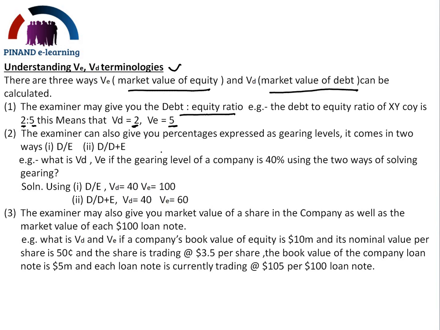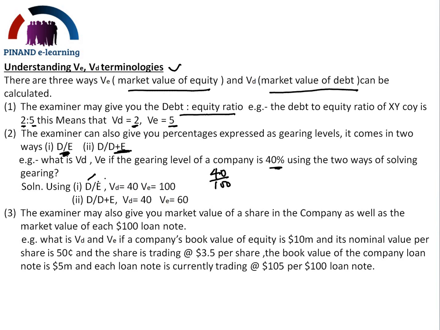Number 2, the examiner can also give you percentages expressed as gearing levels. It comes in 2 ways. It can either say gearing is debt over equity, or gearing is debt over debt plus equity. Gearing has 2 formulas. Now, e.g., what is VD, VE if the gearing level of a company is 40%? Using the 2 ways of solving gearing. 40% is 40 over 100.